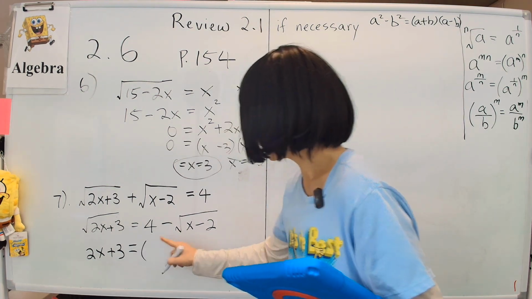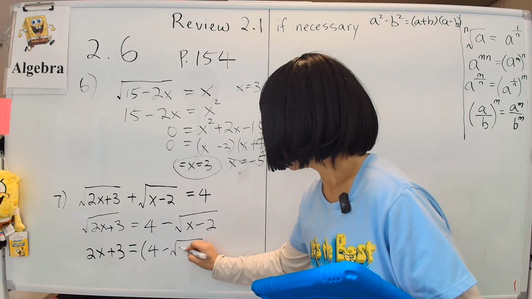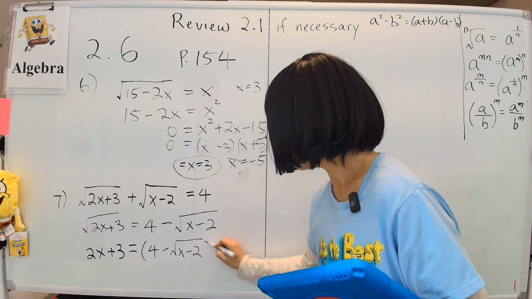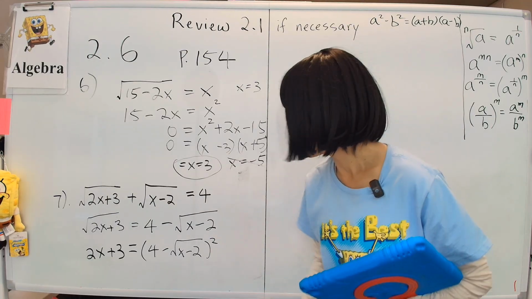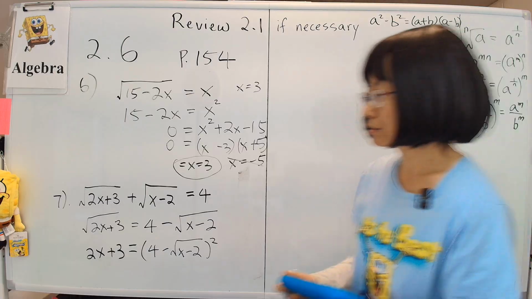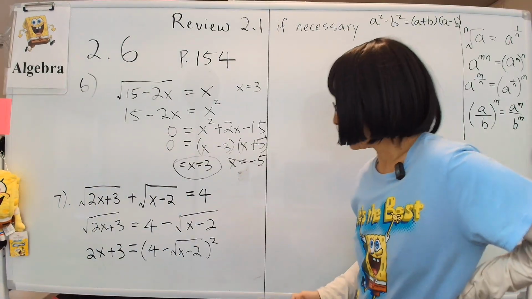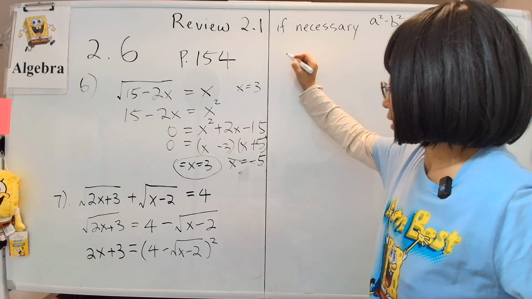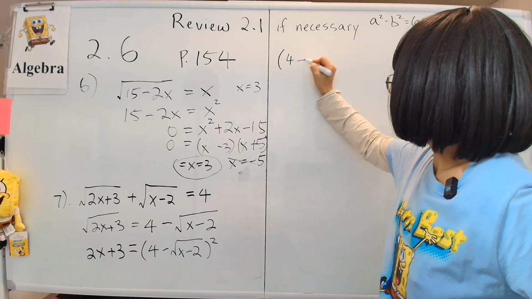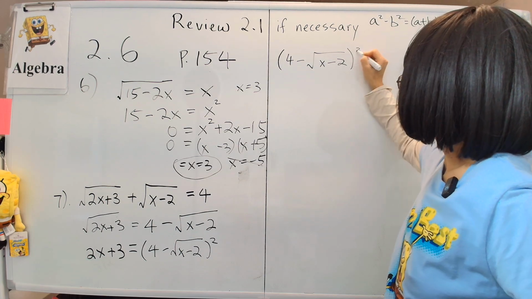We have 4 minus the square root of x minus 2, and this whole thing has to be squared. We have to multiply this out like any other square. What is 4 minus the square root of x minus 2, the whole thing squared?